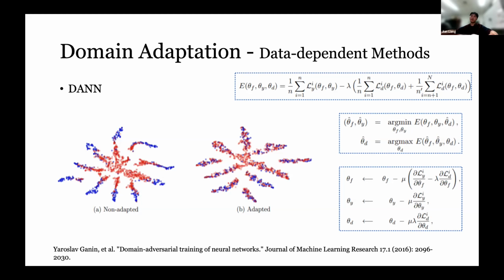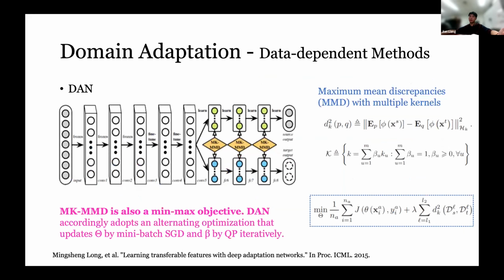After alignment, in each class we can find some red points aligned with the blue points. This is the domain alignment, so the red ones can be easily classified.